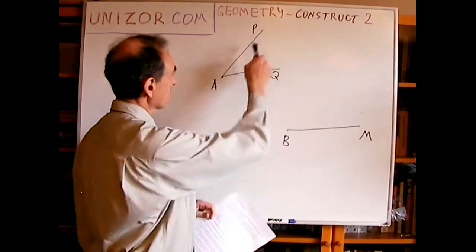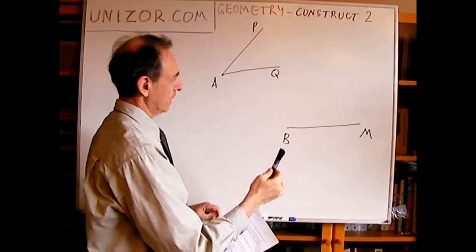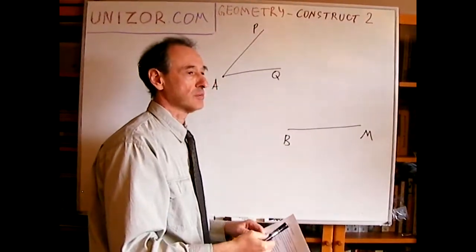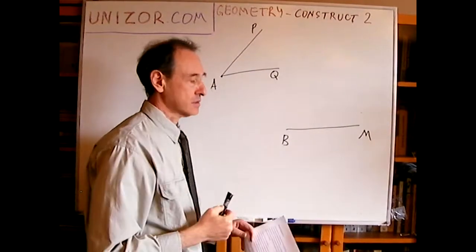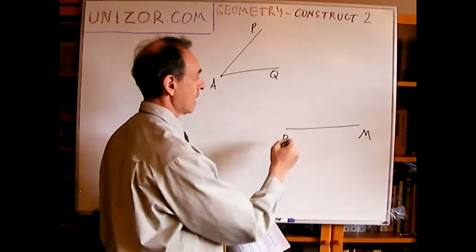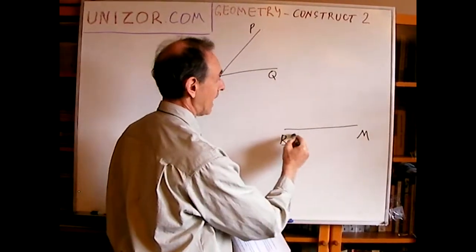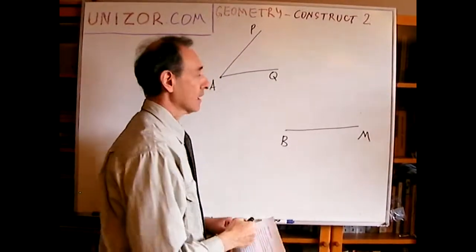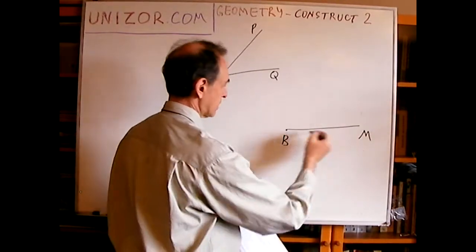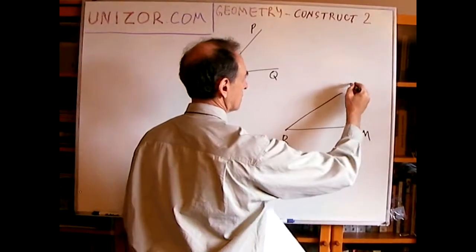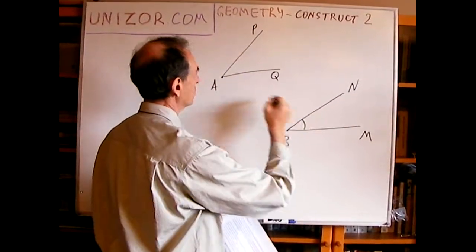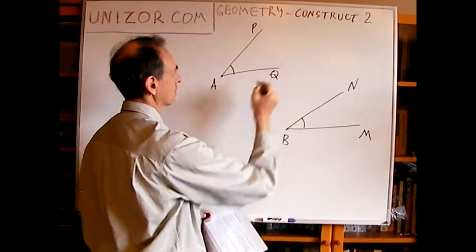Now, having this angle on the plane and this ray, more precisely the construction problem to construct an angle congruent to a given one should be like this. If you have an angle and a ray somewhere on the plane, construct another ray with the same origin as this one, let's call it Bn, such that the angle NBM is congruent to PAQ.